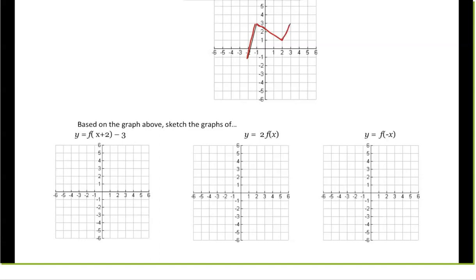Okay, so now I'm going to circle this and say copy. I'm going to put it here, say paste, and then I'm going to move it so that it's exactly where I want it to be. And then over here, do the same thing and move it so that it's where you want it to be. And then do the same thing here. Okay, and I'm going to move it right where I want it to be.